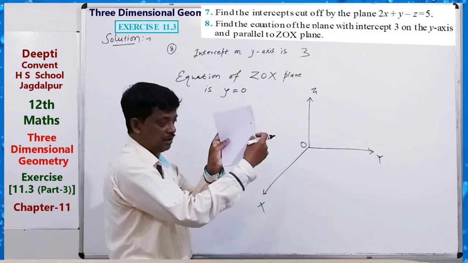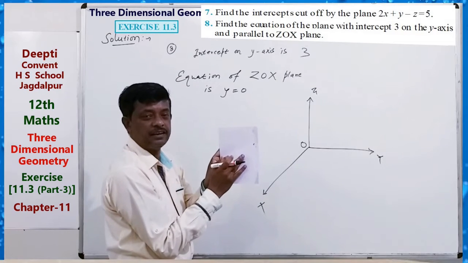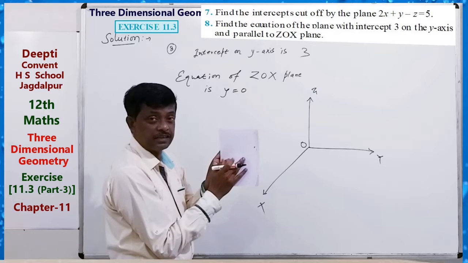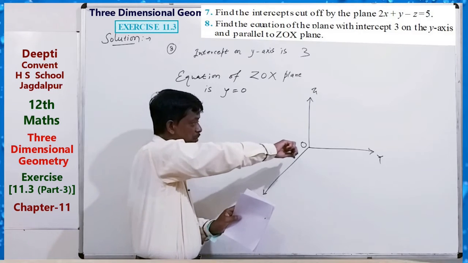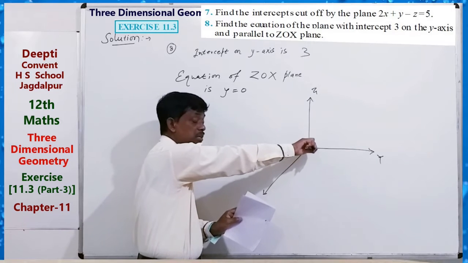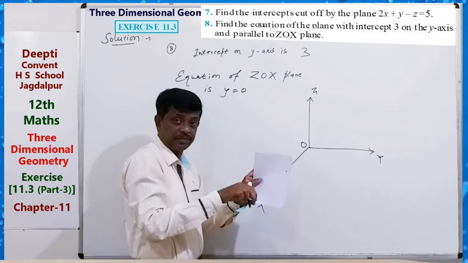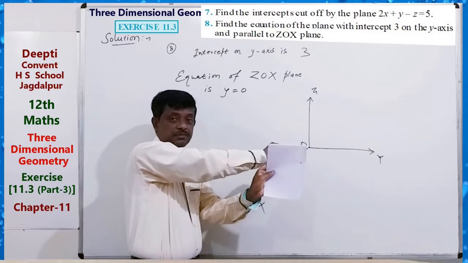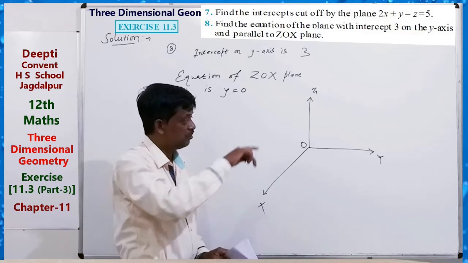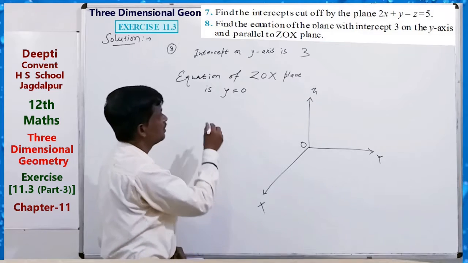And the plane cutting intercept: the y-axis is perpendicular to the ZOX plane, and the plane cuts an intercept of 3 on the y-axis.